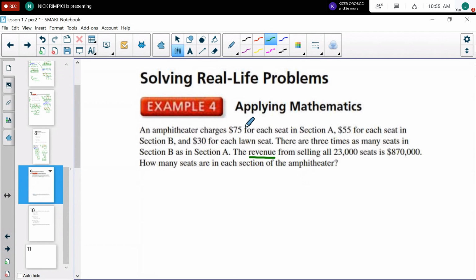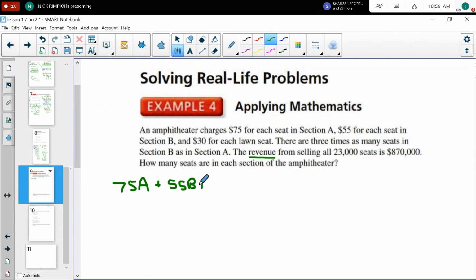The amphitheater charges $75 for each seat in section A. So this is money, and I'm going to write an equation that deals with money first. For every seat in section A I sell, I get $75, so I can say 75A. We also bring in $55 for every seat in section B, so 55B.